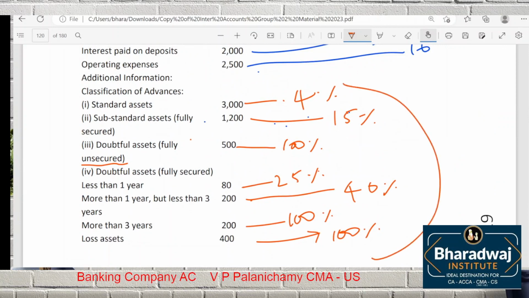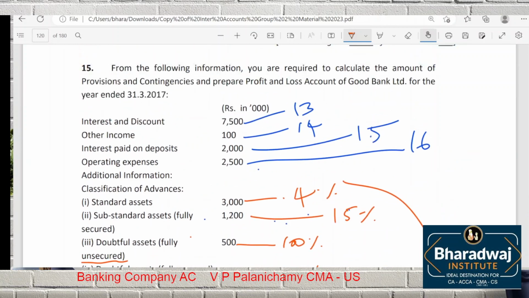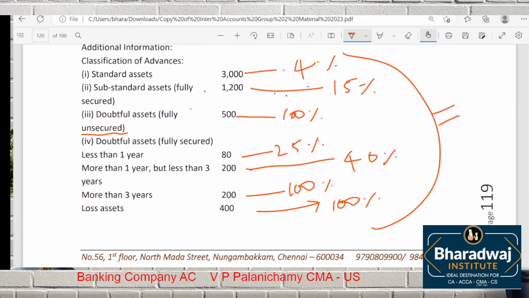This part. Standard assets, substandard assets, doubtful assets, what is the total? If not, pause and try. If you have not tried it, ensure that you pause and calculate. Add up and tell me.